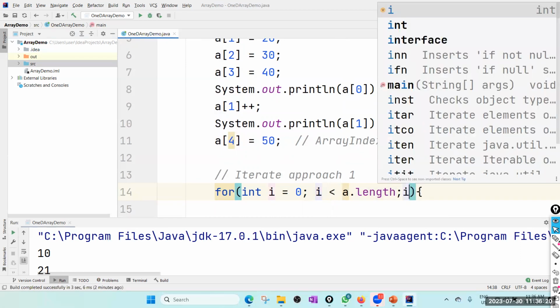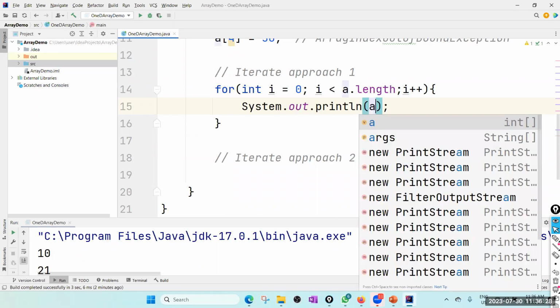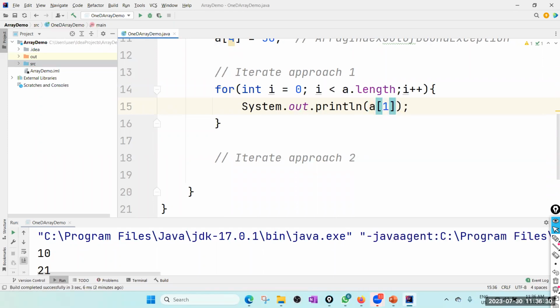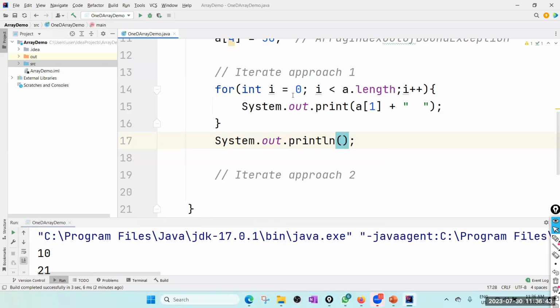That you know. Now I can use this to print it, SOUT, the ith element of A. Let's print it on one line, putting a space, and at the end let's take it to the next line.